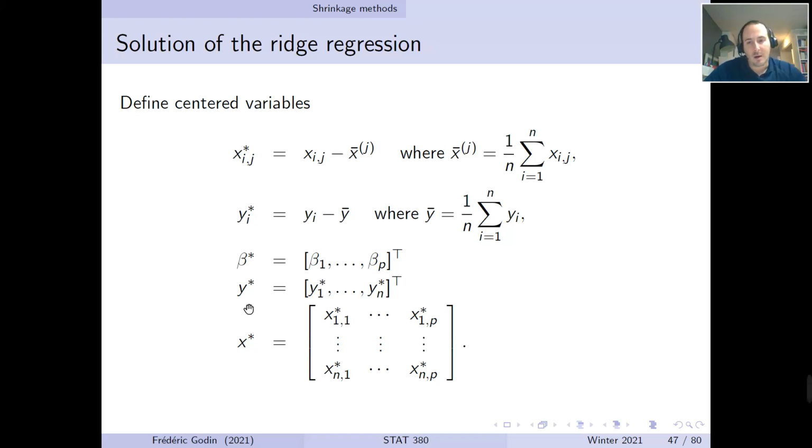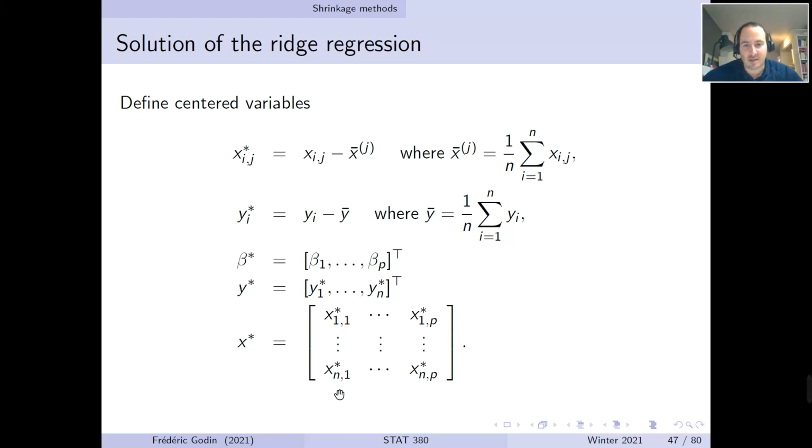Here, y star is the column vector of all centered observations in the model, and x star is the design matrix for the centered model, which contains all centered observations. Recall that when we say centered predictors, each column has its own value for the average to center the observations.